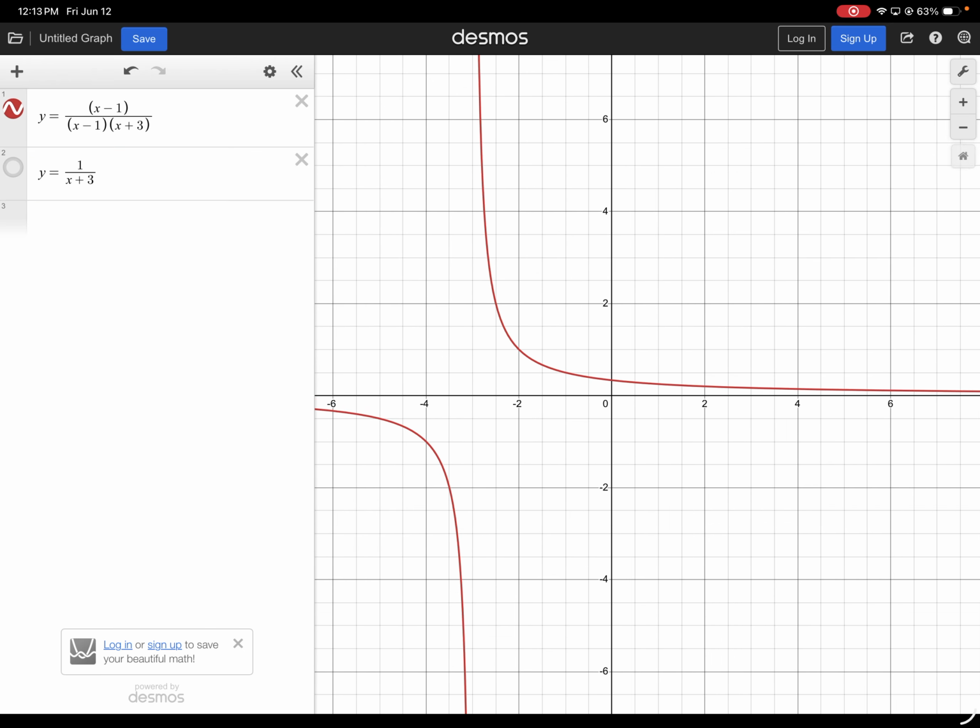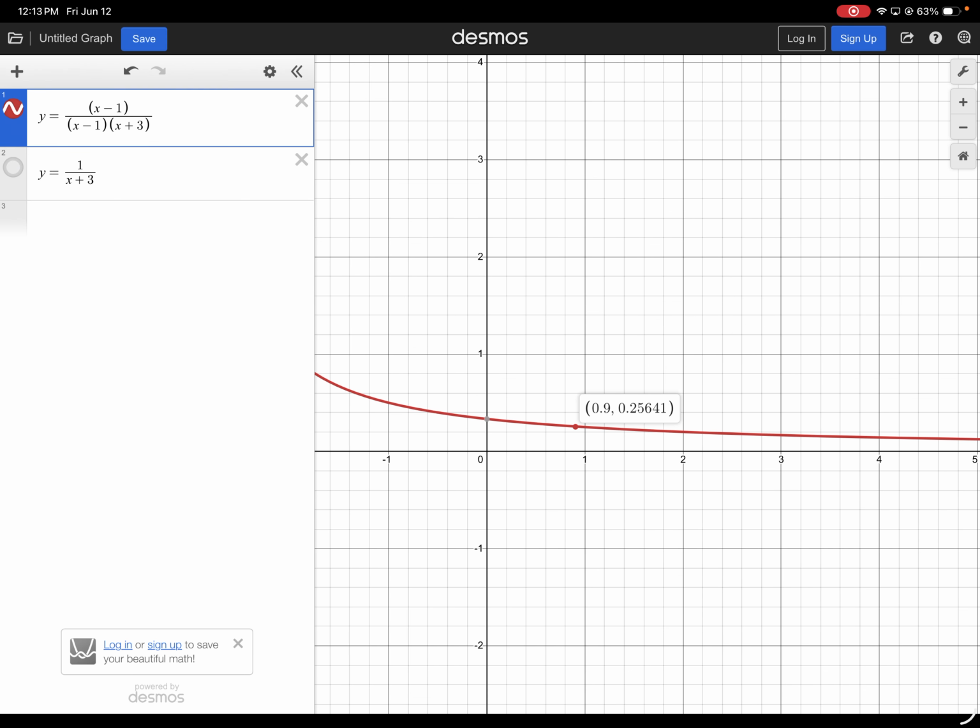Except at x equals 1. Where if I get close to 1, there it is. Do you see what it says there? That 1 is undefined. As x is approaching 1 from the left and the right, the function seems like it's approaching a similar value, right?